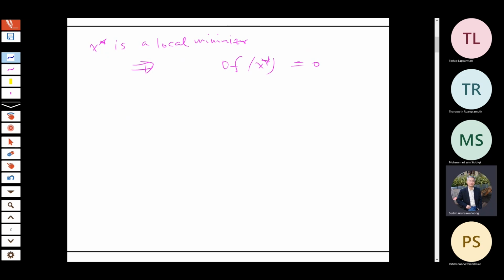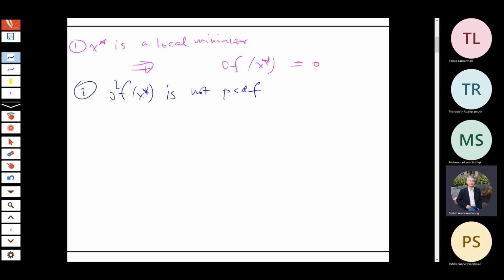We will use that. And from the second assumption, the Hessian matrix at x star is not positive semi-definite.